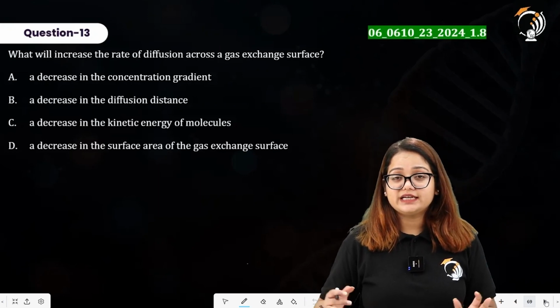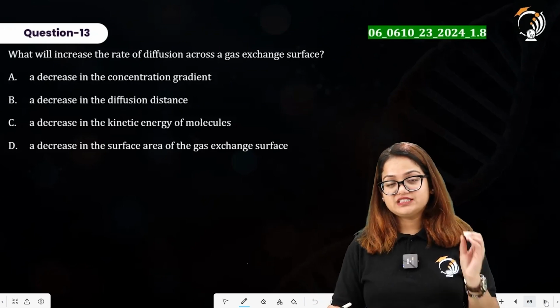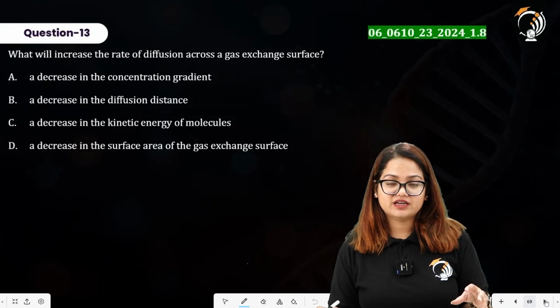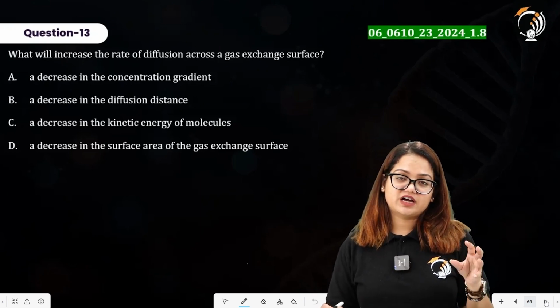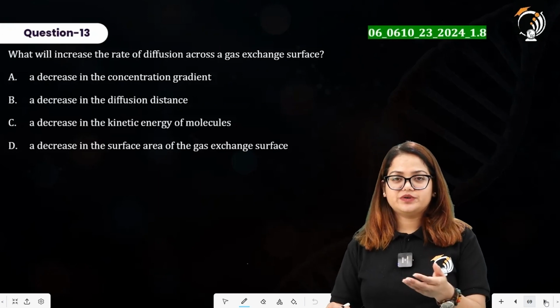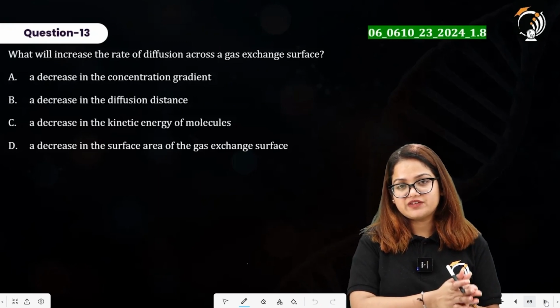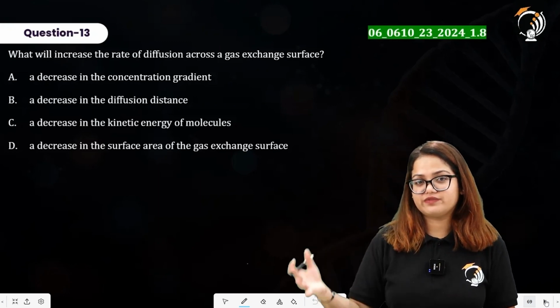The distance across which the diffusion is occurring is also considered. So decreased distance across the surface increases the rate of diffusion.